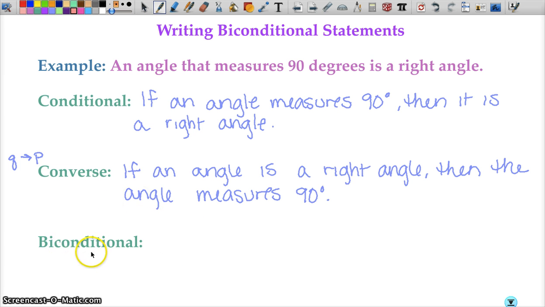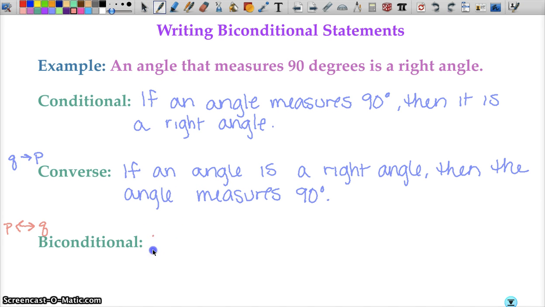All right, so now we have our biconditional. So what our biconditional does is, remember it has that double arrow thing. So it's P and then the double arrow and then Q. And this was the if and only if. So to write our biconditional, all we have to do is basically write these statements and say if, or I'm sorry, not even if, my bad.